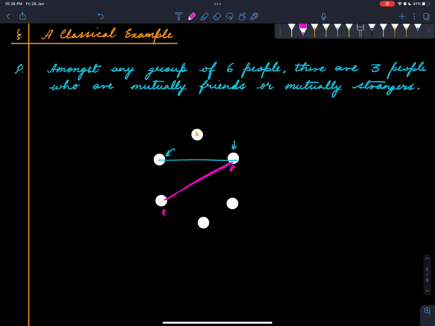This is how we will record the relationships, just by coloring the edges between any 2 people. The color of the edge records the kind of relationship they have, either they are friends or strangers. Okay, fine. So let us focus our attention on one person and what are the possible relationships he has with the other 5.